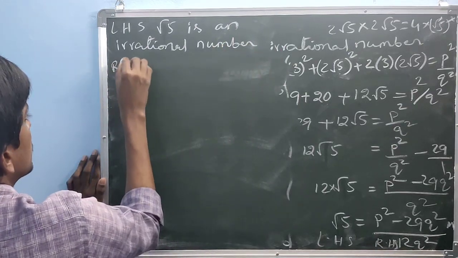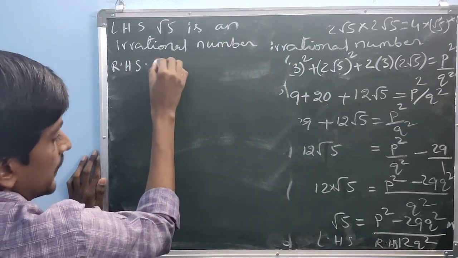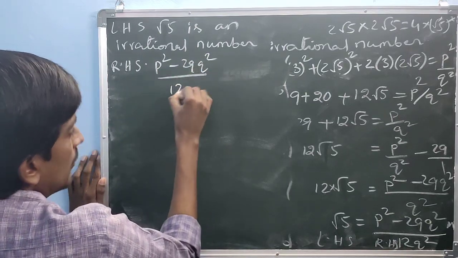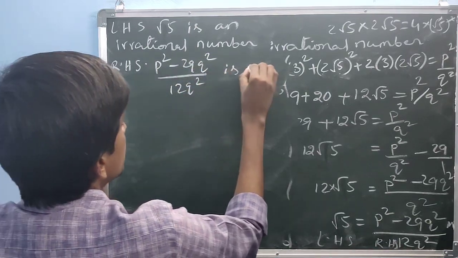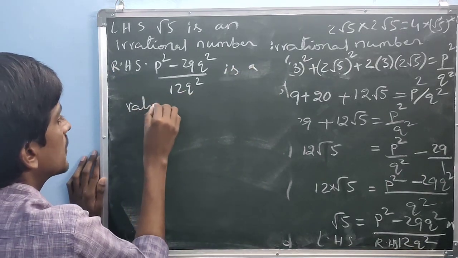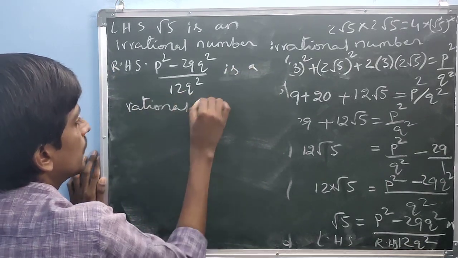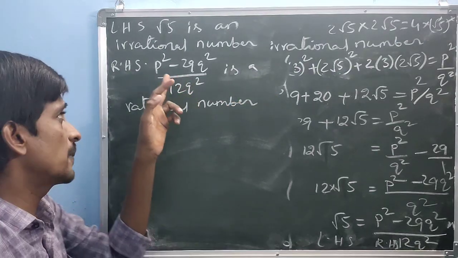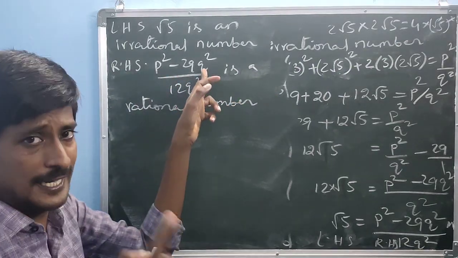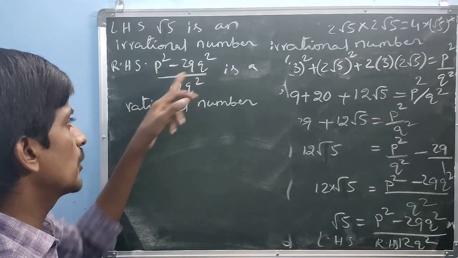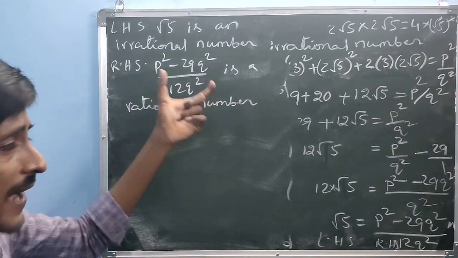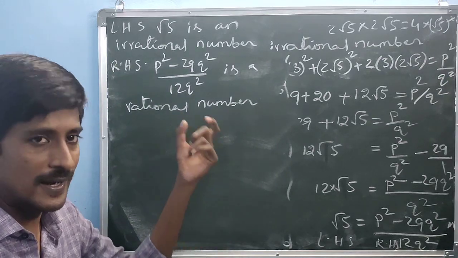And RHS, (P square minus 29 Q square) by 12 Q square, is a rational number. If any integers are substituted in the place of the variables P and Q, you will get one fraction form, one rational number.